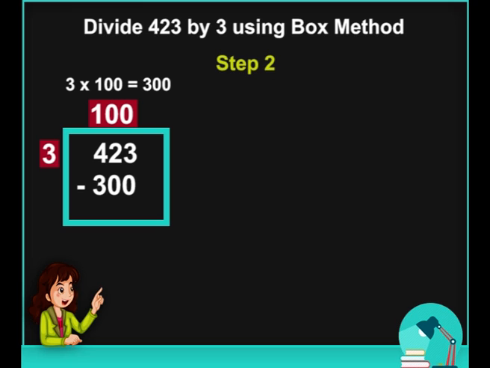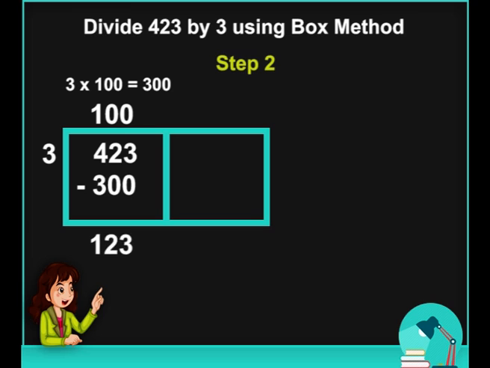Remember, if we use 200 as a multiple, then the product of 3 times 200 would be greater than our dividend, so it would not work out. The key to the method is finding something we can multiply our divisor by that is still less than the dividend.